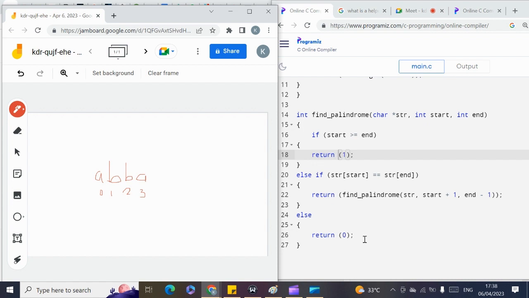So we are saying that if the start is greater or equal to end, we should return one. So write a function that returns one if a string is a palindrome and zero if it is not.